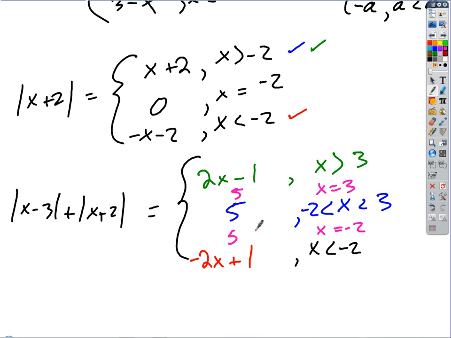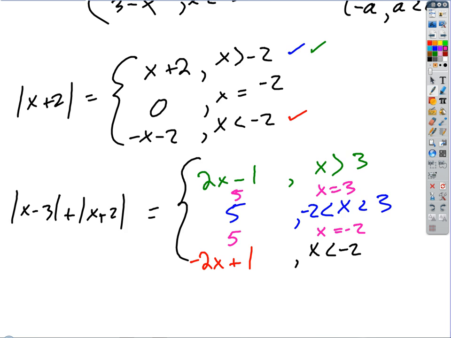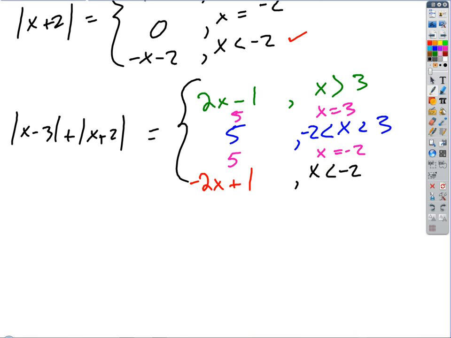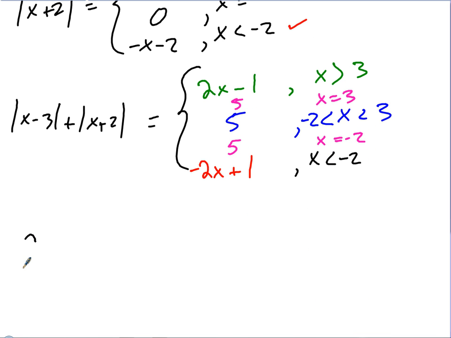Now, what if we differentiate? If we take the derivative of that piecewise function, real quick. Let's go ahead and just finish the problem. So if we take the derivative, let's call this thing f of x. So if I differentiate, now we're going to do f prime of x. What's the derivative of the green part? 2, yeah, 2.